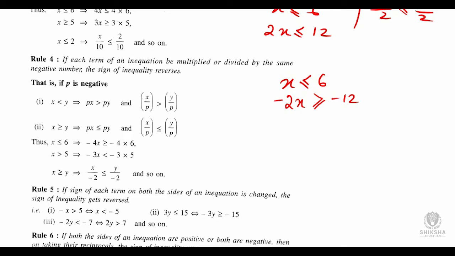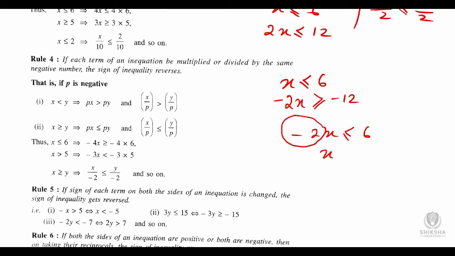And the same goes for division also. Suppose it is minus 2x less than or equal to 6, then when you solve it, we divide by this minus 2.